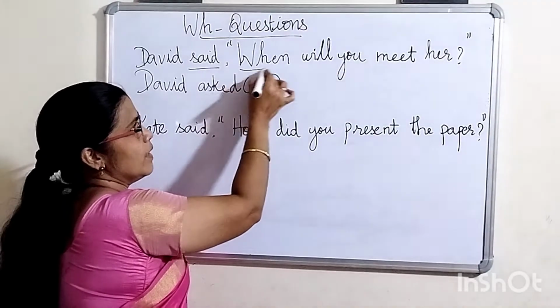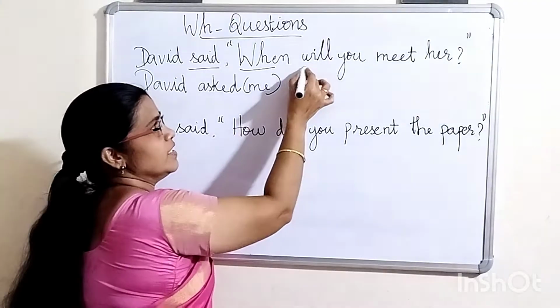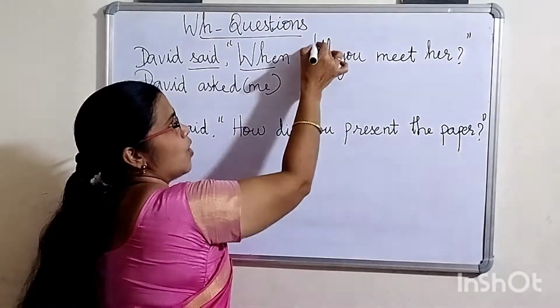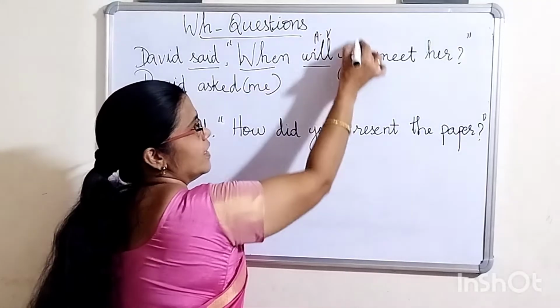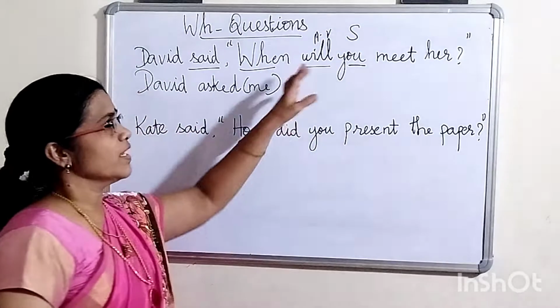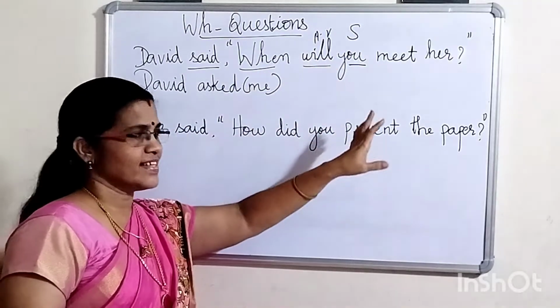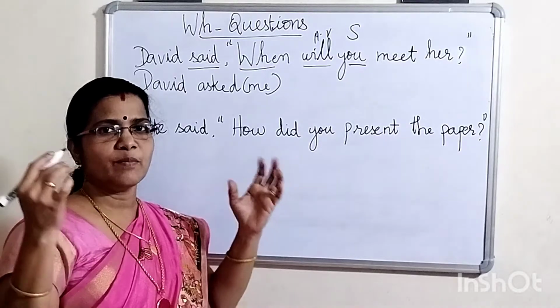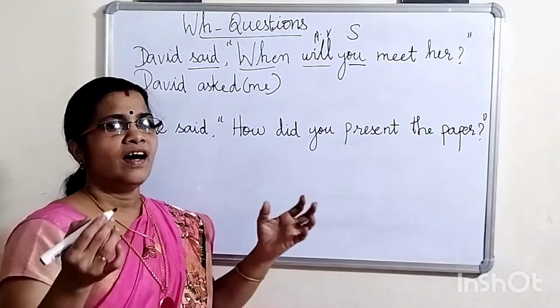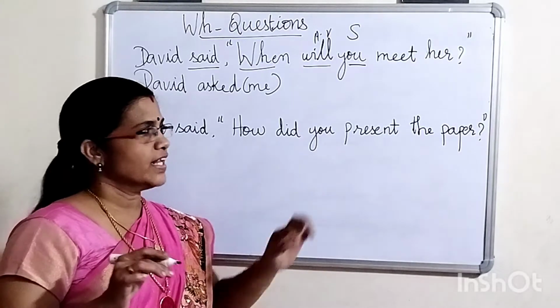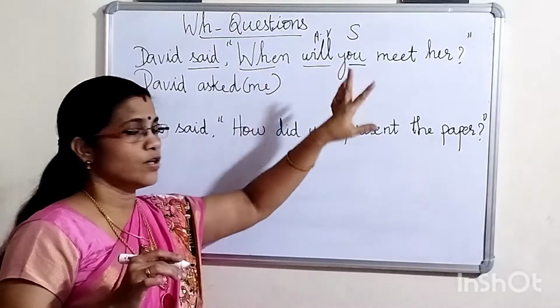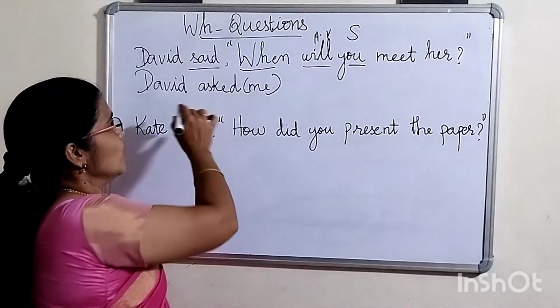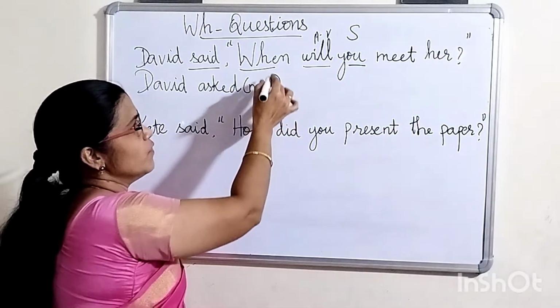Now you have the WH word here. After that again you can find this is the auxiliary verb and then you have the subject. Okay. So anyhow the pattern is V and S. Just like in the previous sentences I gave you, I told you that you have to be very careful about the sentence order. Okay. Right. So David asked me, now what will you do here?